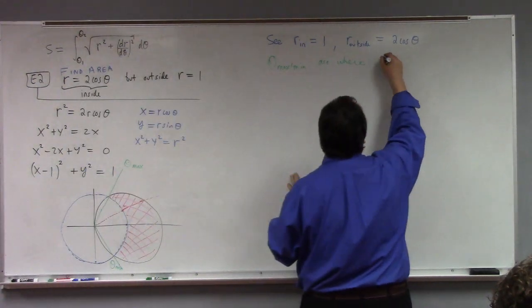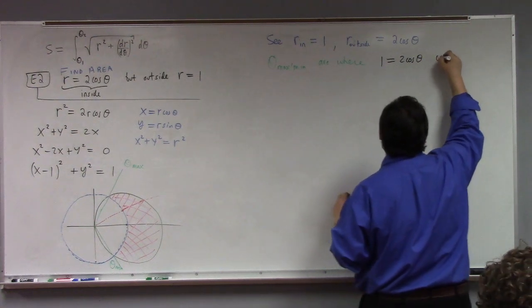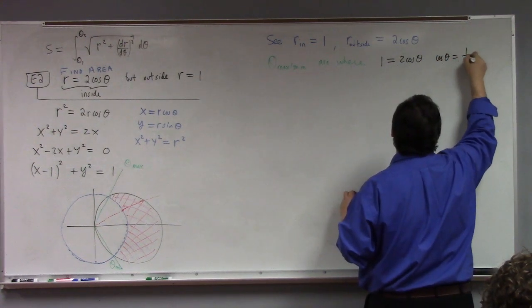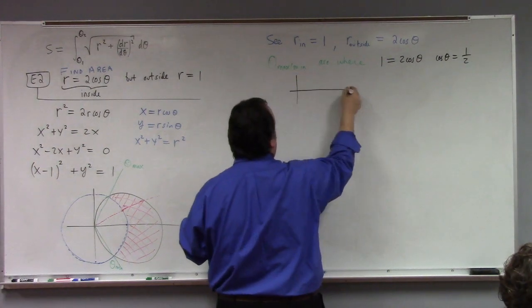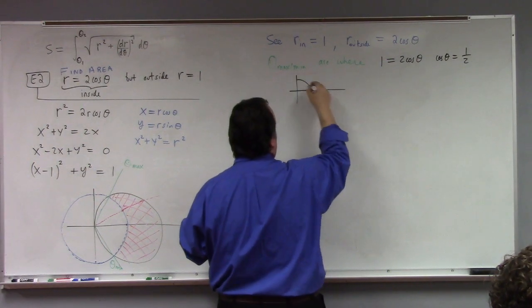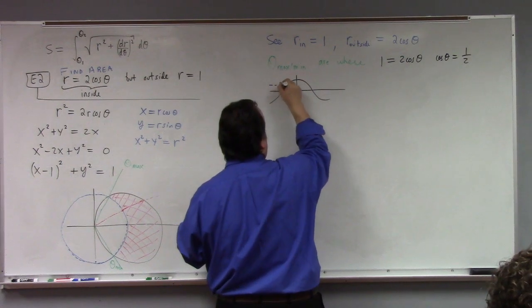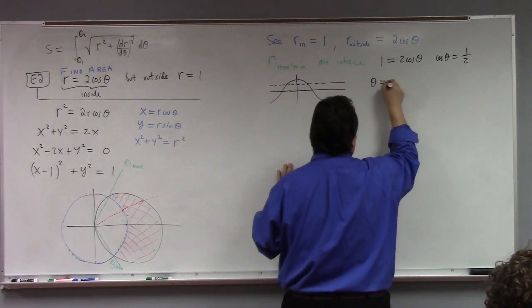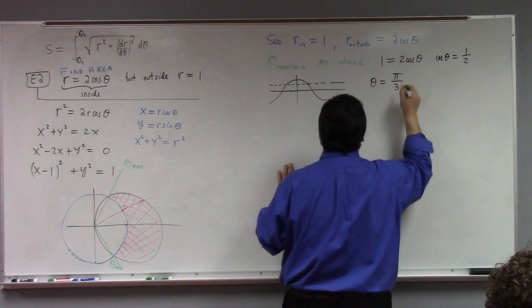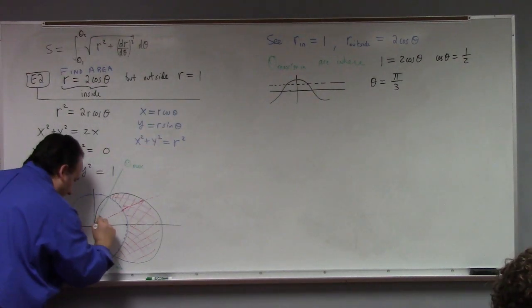That's where 1 is equal to 2 cosine theta, which tells us that cosine theta is 1/2. If I graph my cosine like this, cosine equal to 1/2 is about here. So we have theta equals pi over 3 as one of them, which is this guy.